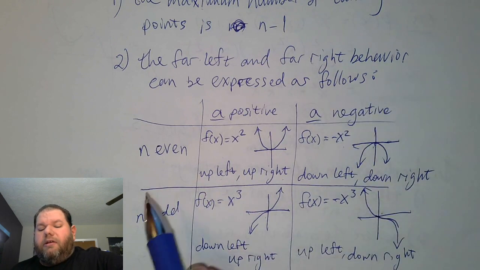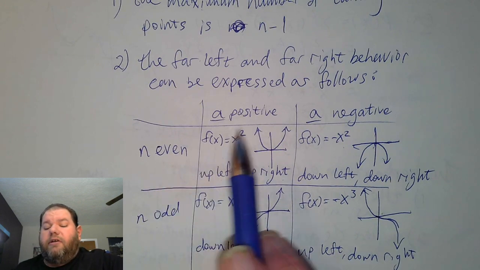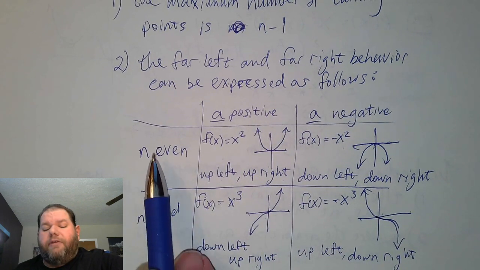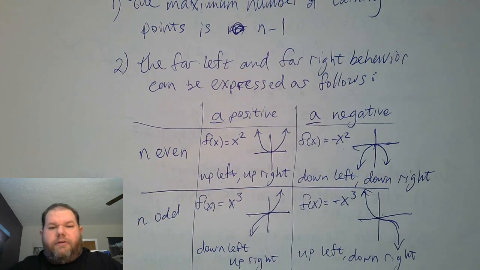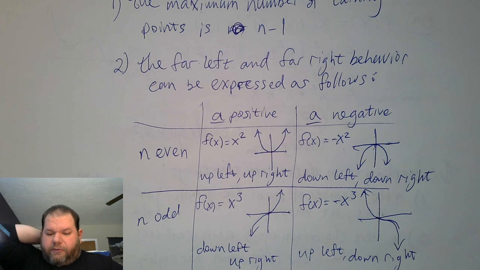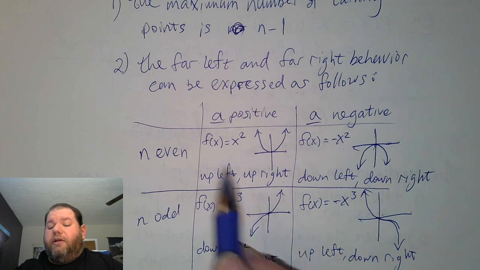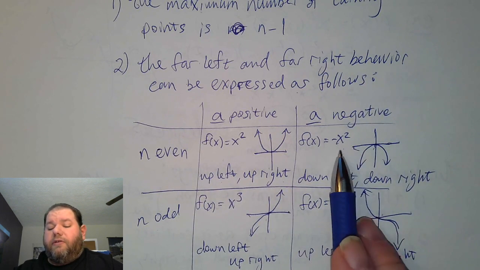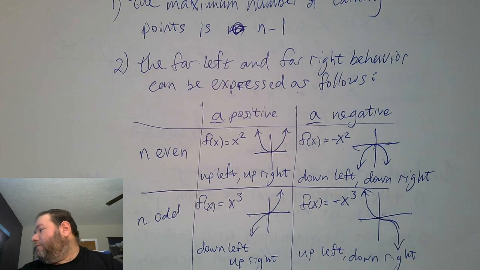It takes a little getting used to, but we identify which outcome we have on the left hand side and on the top side, and then we see where those cross on the 4 outcomes here in the body of the table. So in this case, because we have an even exponent and a negative coefficient, this is where we are. So down left and down right is our interpretation of that.